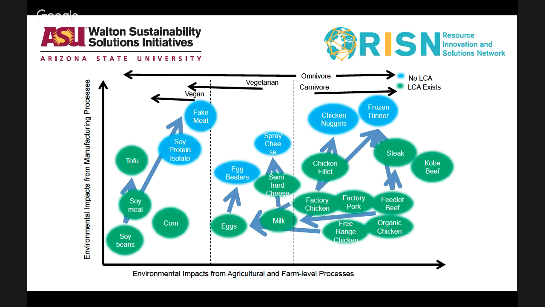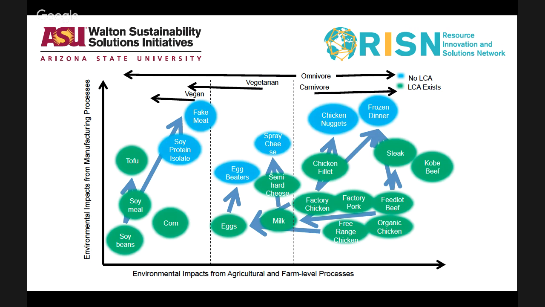As we move towards the free range and the pasture raised, we move away from industrial efficiency into more ecologically intensive types of foods to the right. So the worst type, that is the most environmentally impactful food, might be the frozen fake meat dinner that exists up in the corner. Now it's vegan, but it's so highly processed that it combines the worst of both worlds.